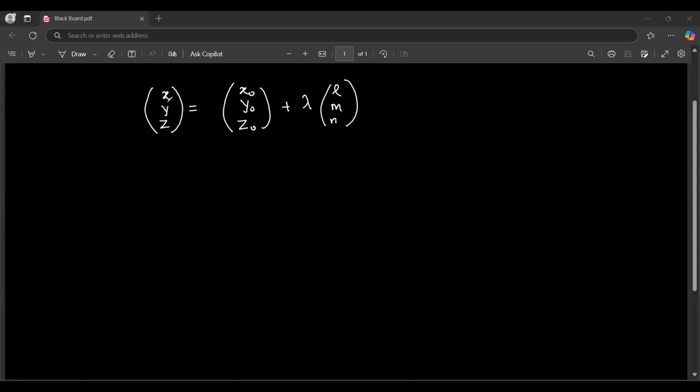What you have to do is write x, subtract x₀, and divide by l. Then put an equals sign, write y, subtract y₀, and divide by m. Similarly, z − z₀ over n.